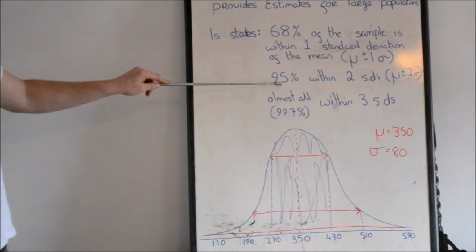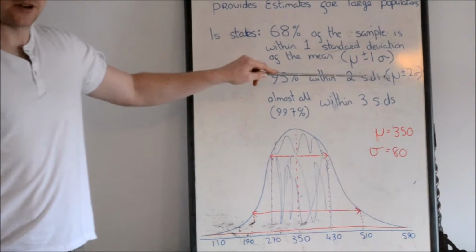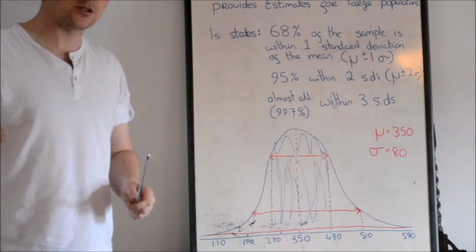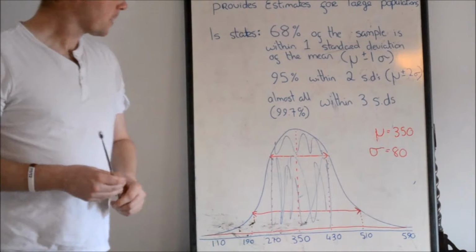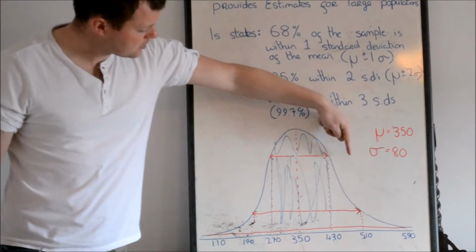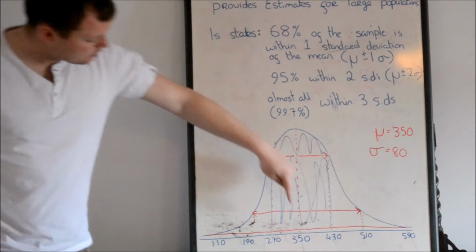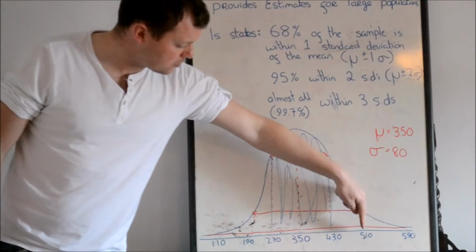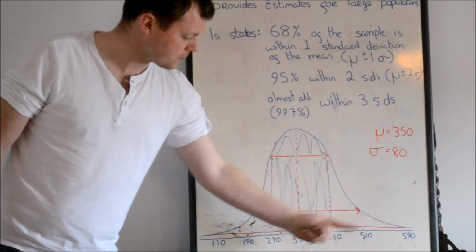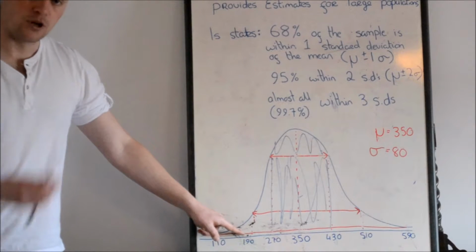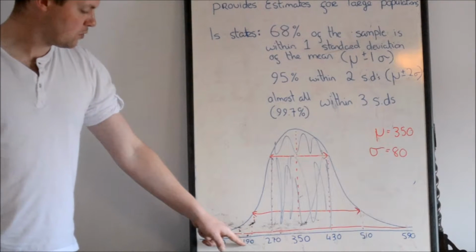It says 95% is within two standard deviations. Well, one standard deviation is 80, so two standard deviations is 160. So if we went 160 either side of our mean, 160 this way, 160 that way. Well, if we went 160 up from 350, we get 510, which is here. If we went 160 below 350, we get 190.